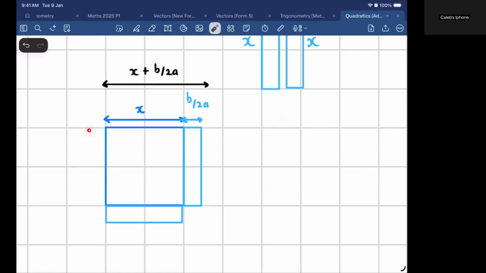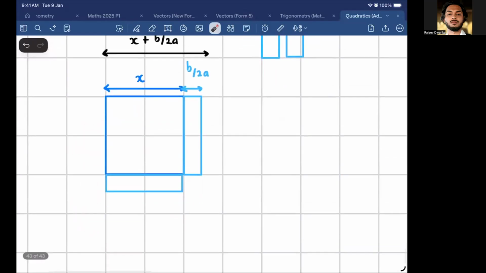Okay. So Caleb, if I work it out, what should this length also be? X. Okay. And then x plus b over 2a. Yes, you're correct. If it's a square we made, then this should also be x plus b over 2a.